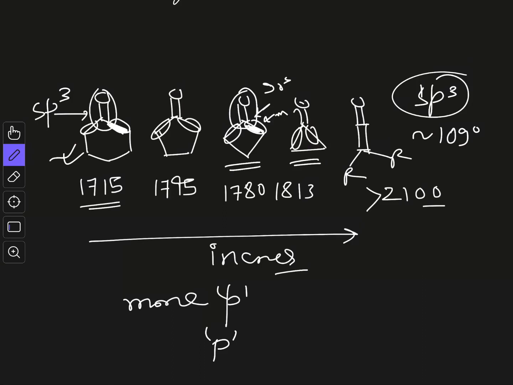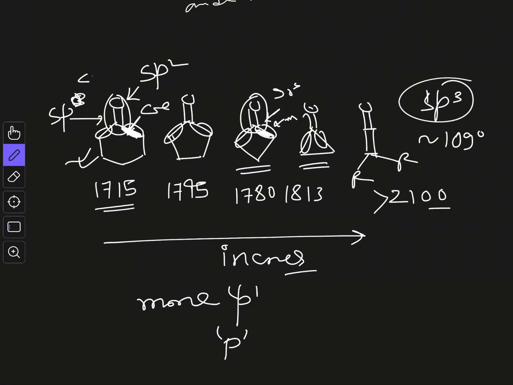So in this case the carbonyl group is comprised of sp2, because it is a trigonal center, not sp3 but sp2, with a 120 degree bond angle, and both this C-C bond and this C-O bond are comprised of sp2 hybrid. But in case of cyclobutanone, what we can say is the C-C bond will have more p character and the C-O bond in turn will have more s character, and in case of cyclopropanone the amount of s character will be even higher.